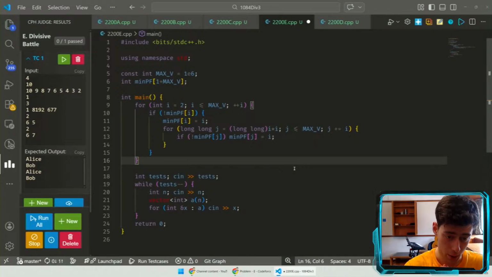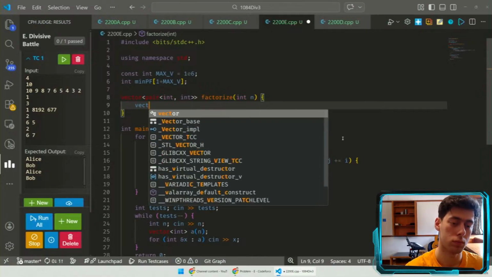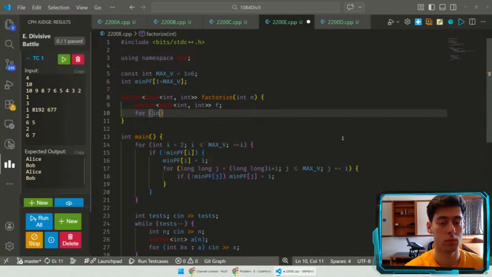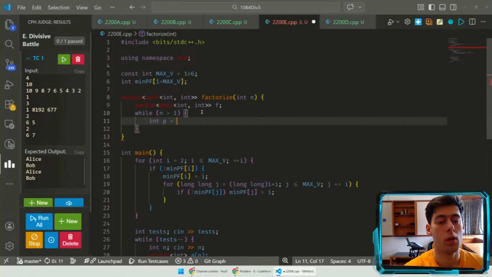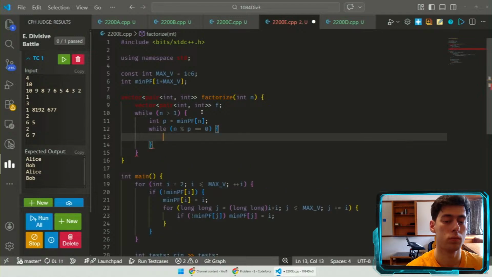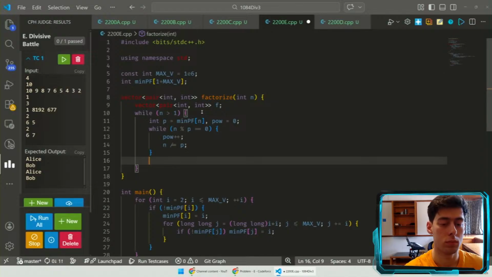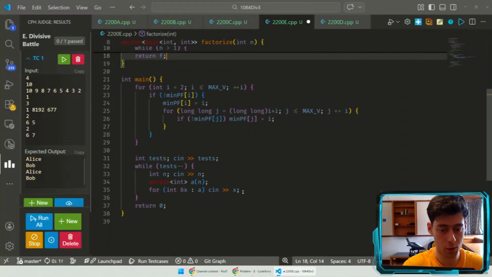Now I need to prime factorize all the numbers in the, well, okay, we've got factorization code now.